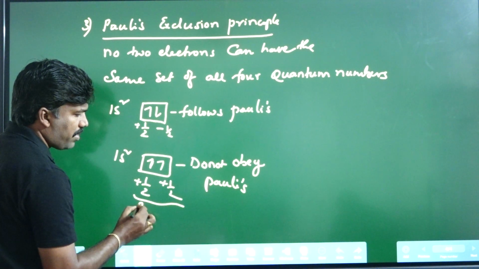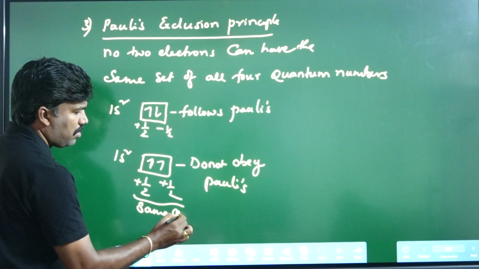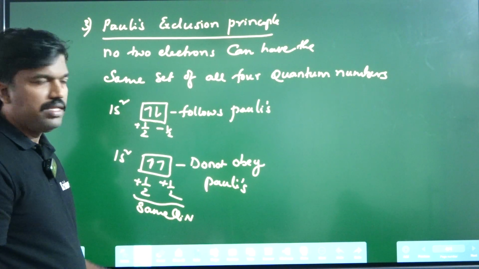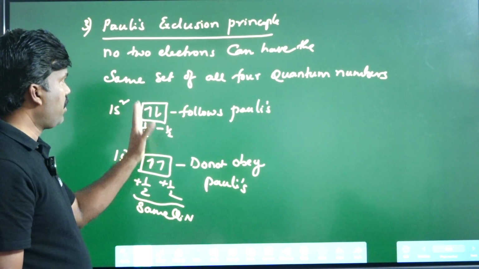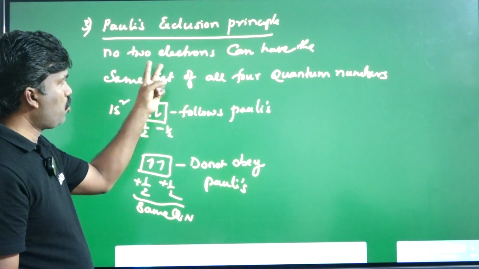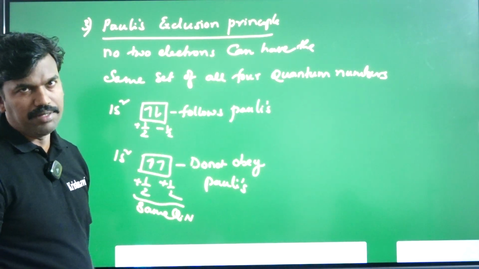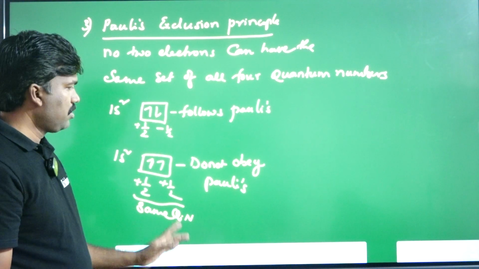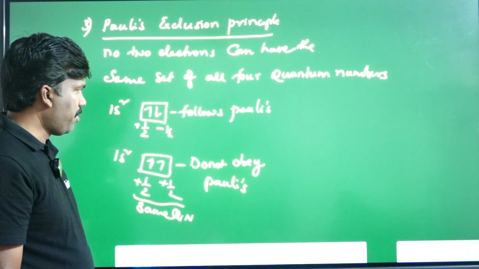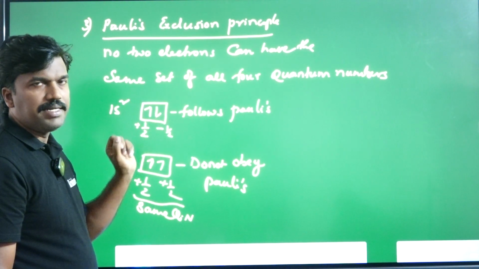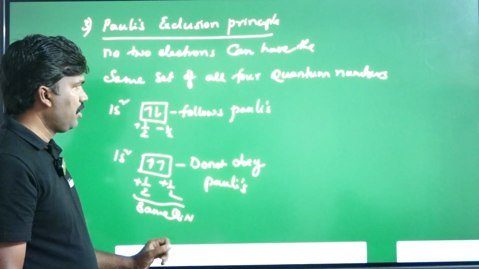They have the same quantum numbers. These two electrons have the same quantum numbers. But according to Pauli's principle, no two electrons can have the same quantum numbers. So that's why this kind of representation is not possible. Only this kind of representation is possible. Okay.